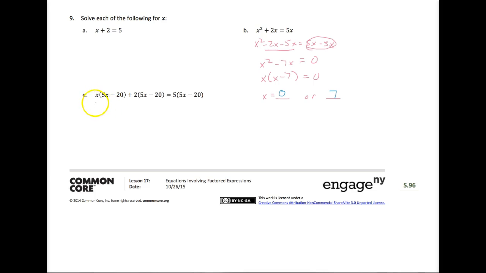Okay, down here, I see a 5x minus 20 in 3 places, but I don't have a 0. That means I've got to get this guy over to this side of the equation. Change sides of the equation, change signs. So when I move him over, he's positive here, he's going to become negative on the other side.